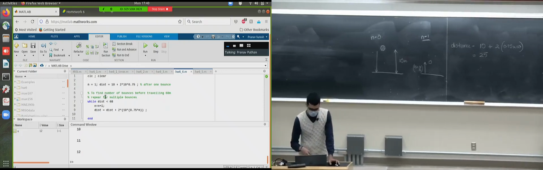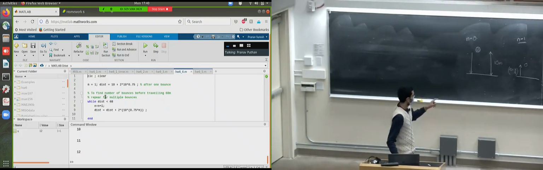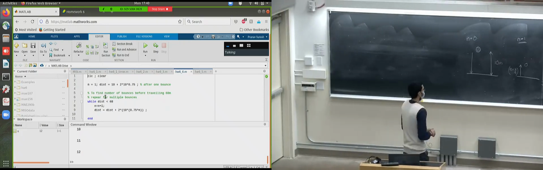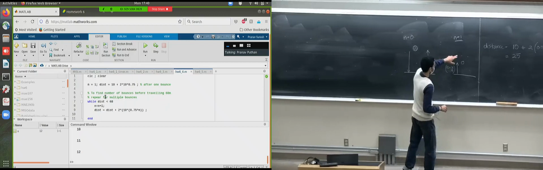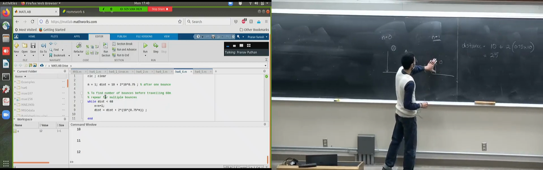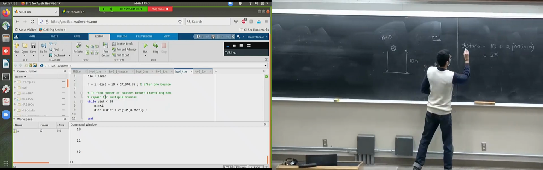Once you figure that out, you would know what happens in the next bounce. So this is for n equals 1.